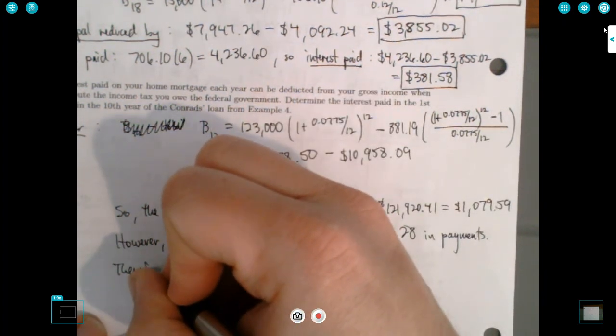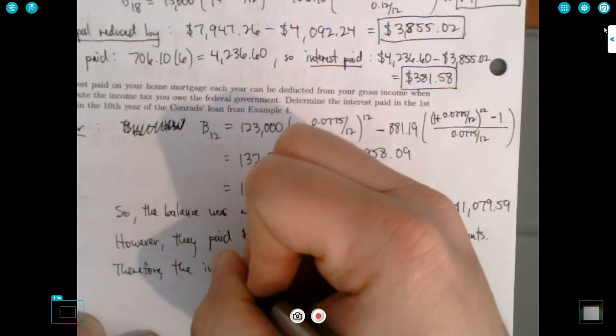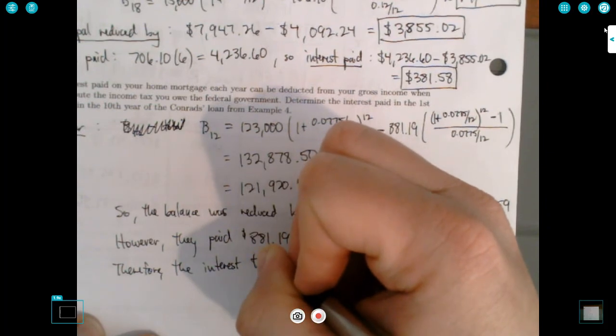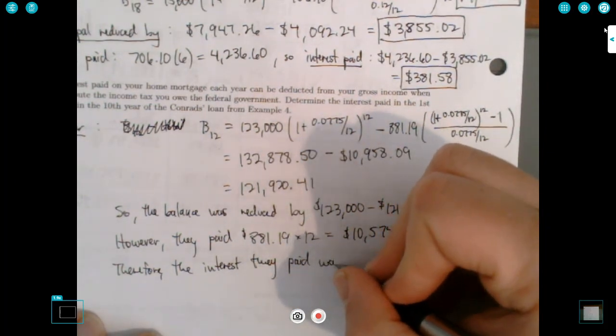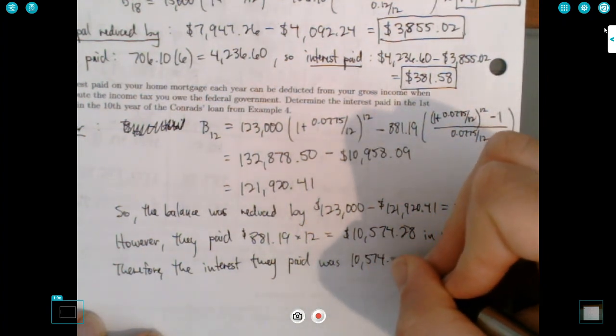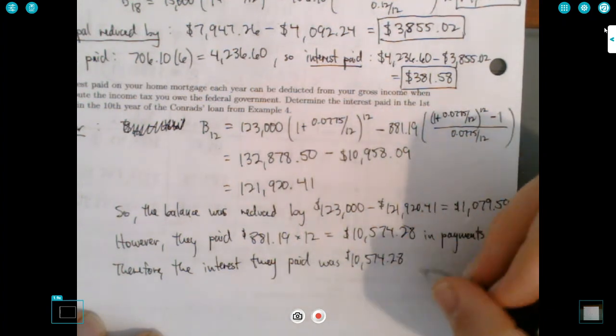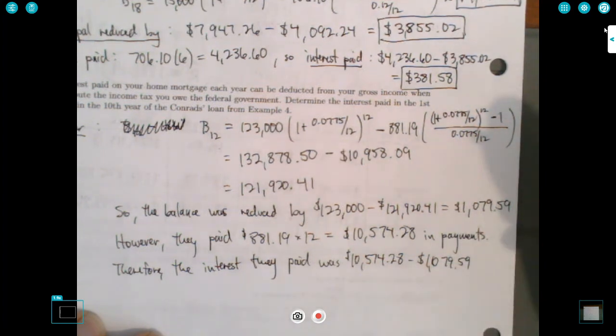Therefore, the interest they paid was $10,574.28 minus $1,079.59.